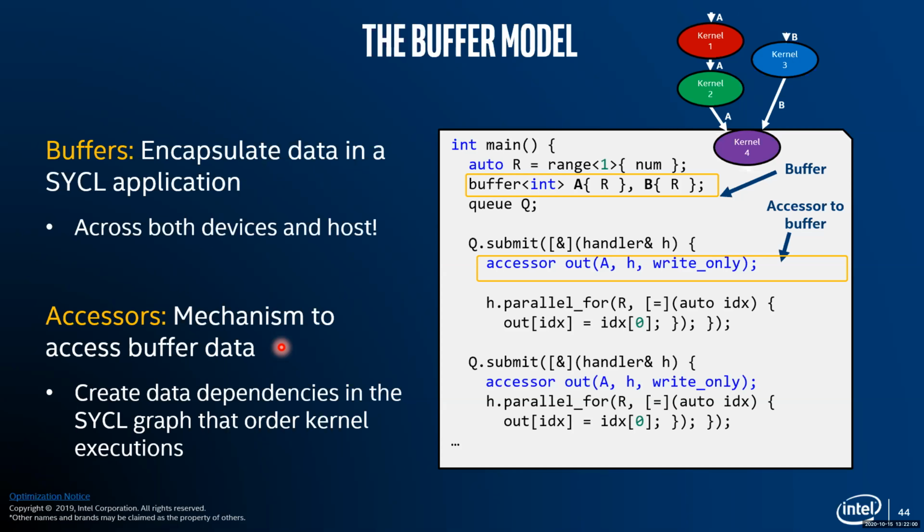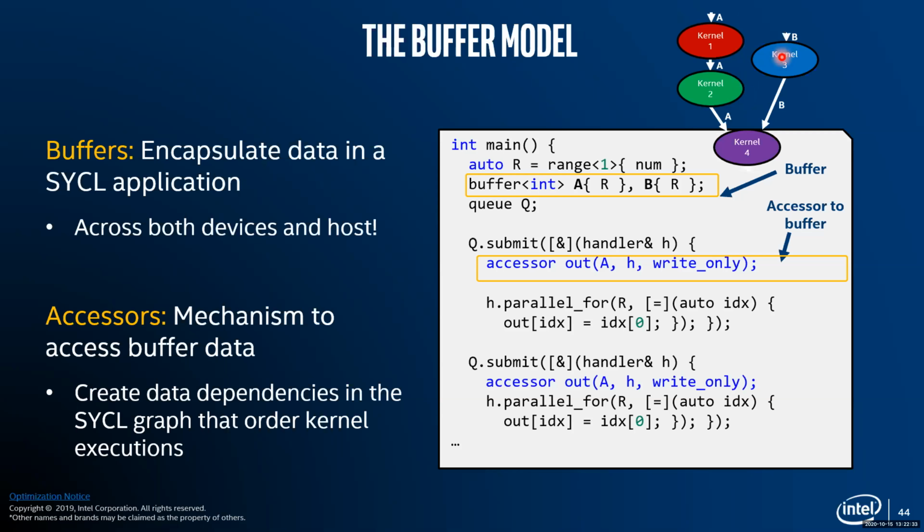A graph is nothing but nodes, and in the upper top part of the slide, this is the graph. There are multiple kernels which have dependencies. Kernel 2 is dependent on the finishing of 1, and 4 is dependent on the finishing of 2 and 3. These are data dependencies. The accessors create the data dependencies in SYCL, and you only work with kernel 4 when kernels 1, 2, and 3 are complete.